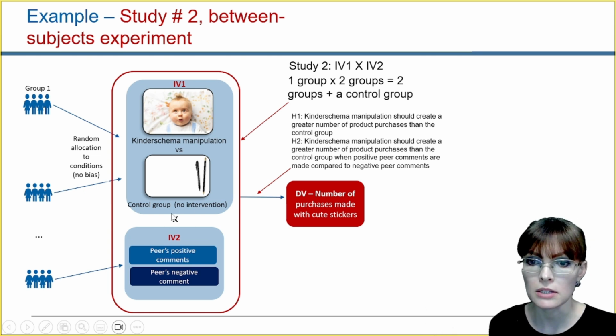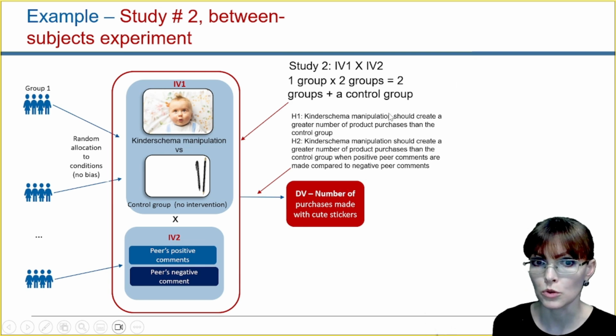And this is what is captured by this X, which is the interaction between the two factors that we are studying. Here we have one group, which is kinder schema, that will be varied in terms of peer commentary. One will be positive, another one will be negative. And we also have a control group. So we have three groups overall.